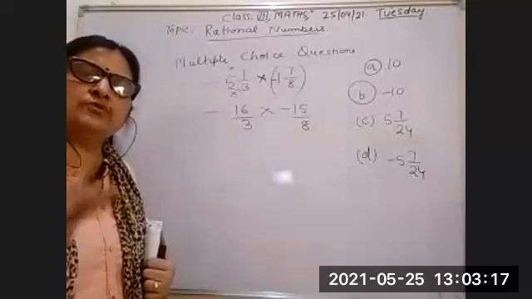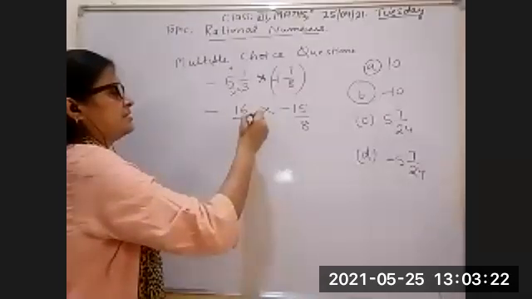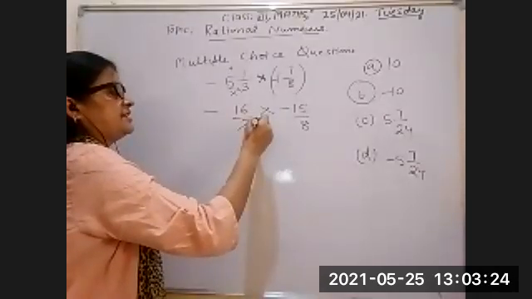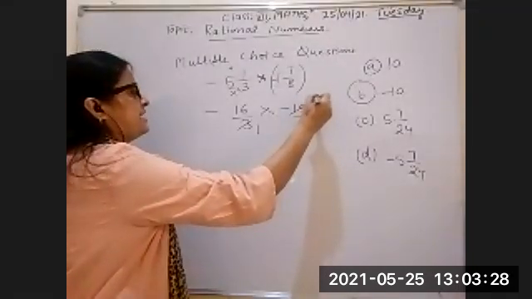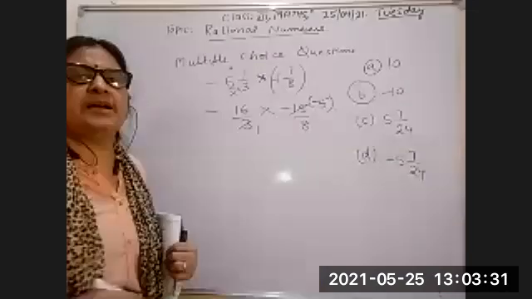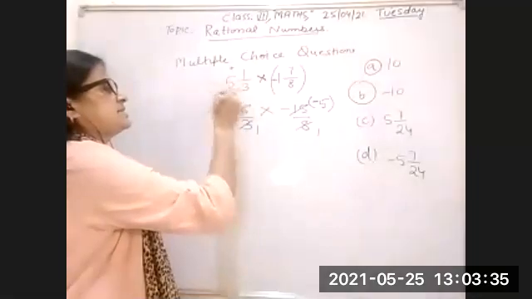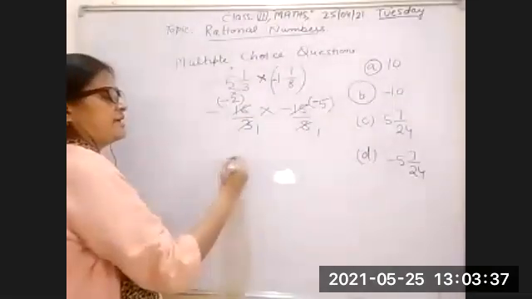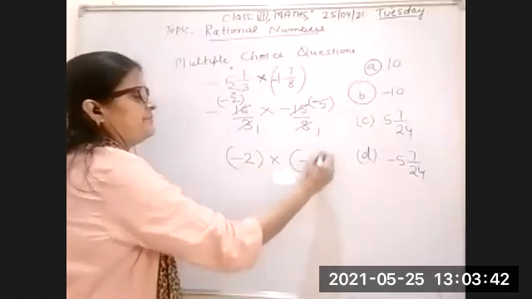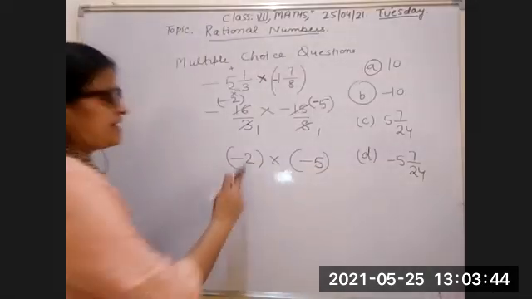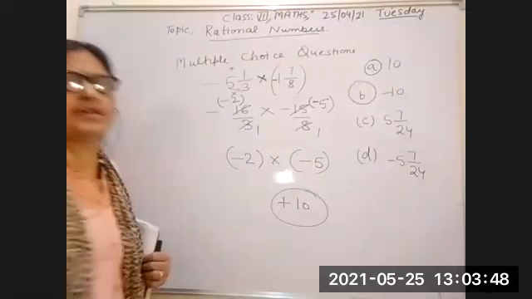You only have to simplify the question by converting it into the reduced form. 3 1 ja 3, 3 5 ja 15, and minus sign is given here. So I will put here minus 5, and 8 1 ja 8, 8 2 ja 16. I will put here minus 2 also. And when you multiply minus 2 with minus 5, you will get the answer. Minus multiplied by minus, you will get here plus, and 2 5 ja 10.